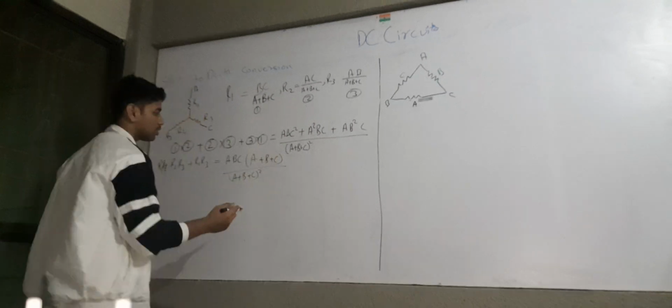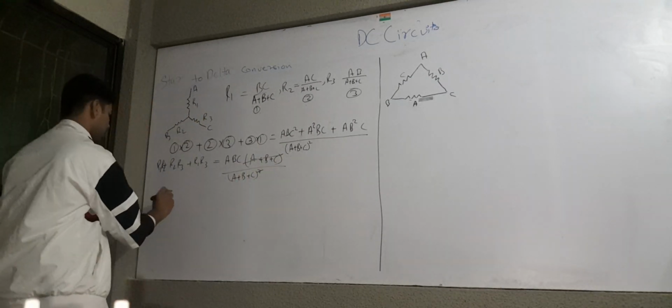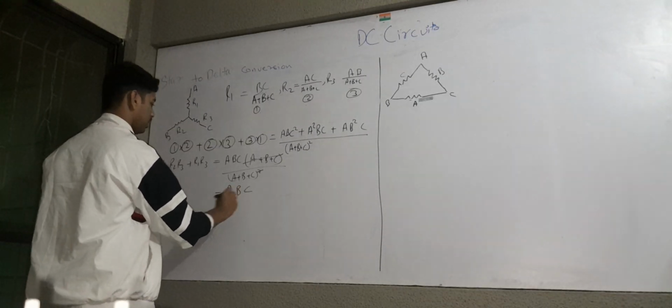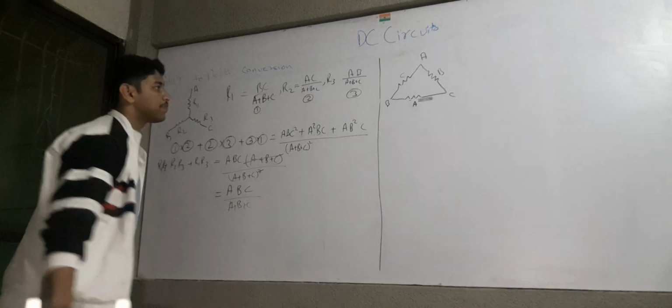We can cancel the terms and it leaves us with a b c divided by a plus b plus c.